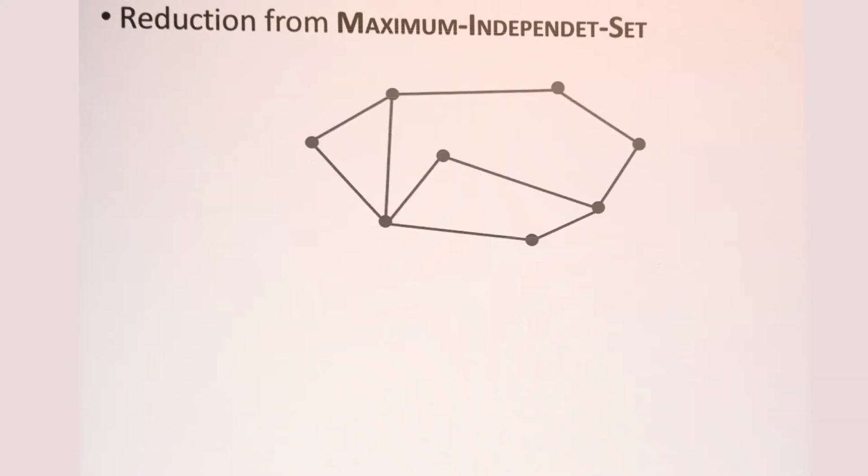Given a graph, the maximum independent set problem asks for the size of the biggest independent set on this graph. An independent set is a set of nodes in which no 2 nodes in this set are connected by any edge on this graph. Given such a graph, we then create an instance of our game.